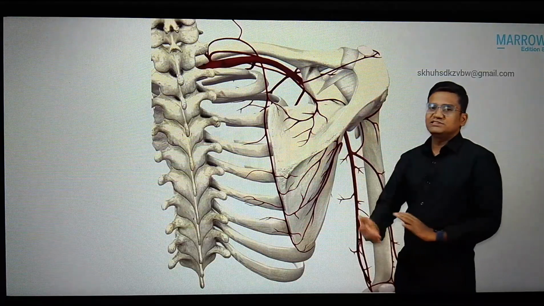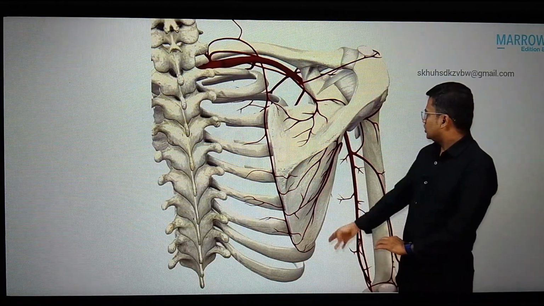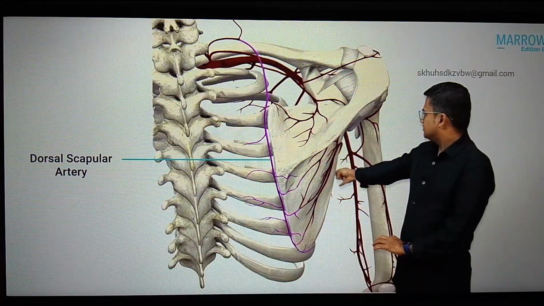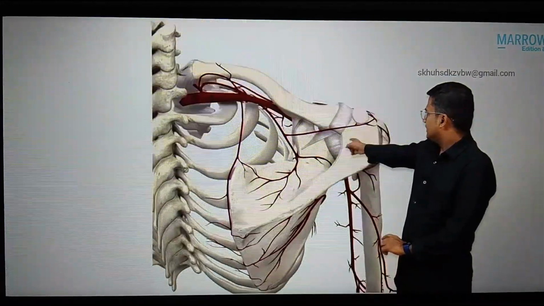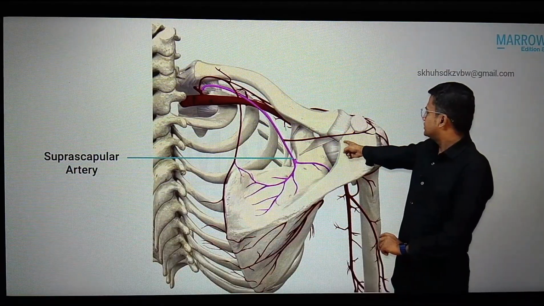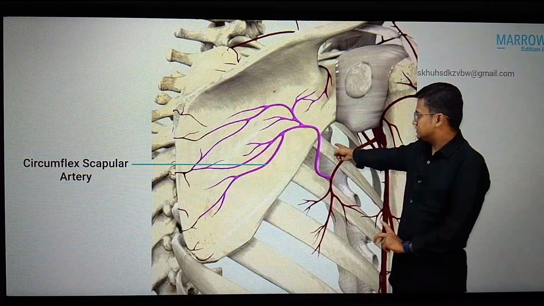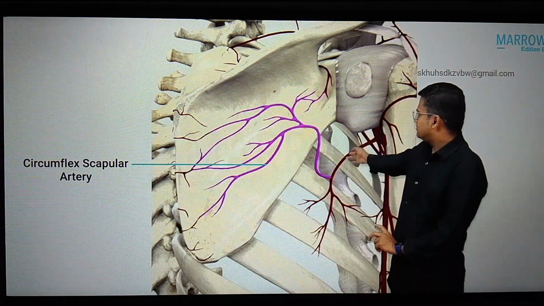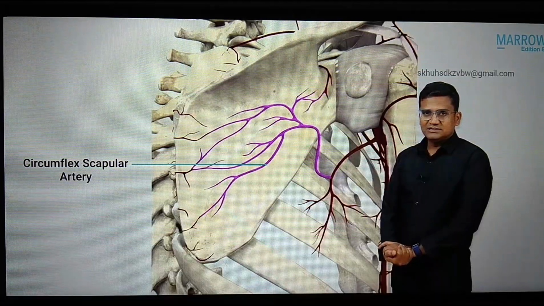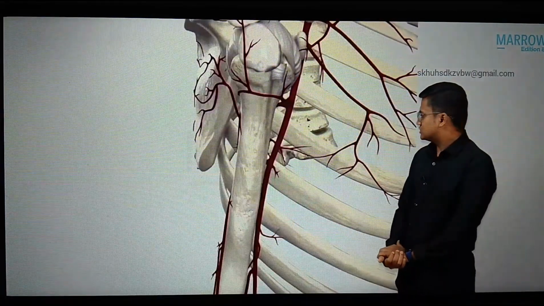The main arteries involved are the dorsal scapular artery, branch of the third part of the subclavian; the suprascapular artery, branch of the thyrocervical trunk; and the circumflex scapular artery and subscapular artery, the branches of our third part of the axillary artery. These are the main arteries involved in the anastomosis.